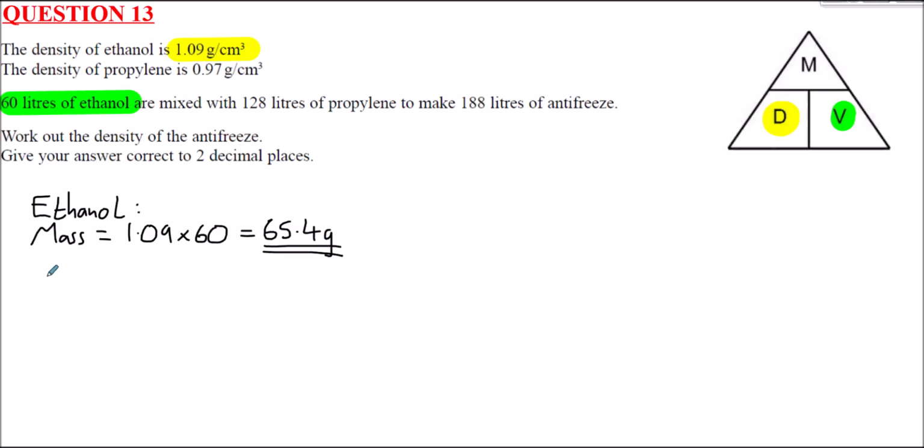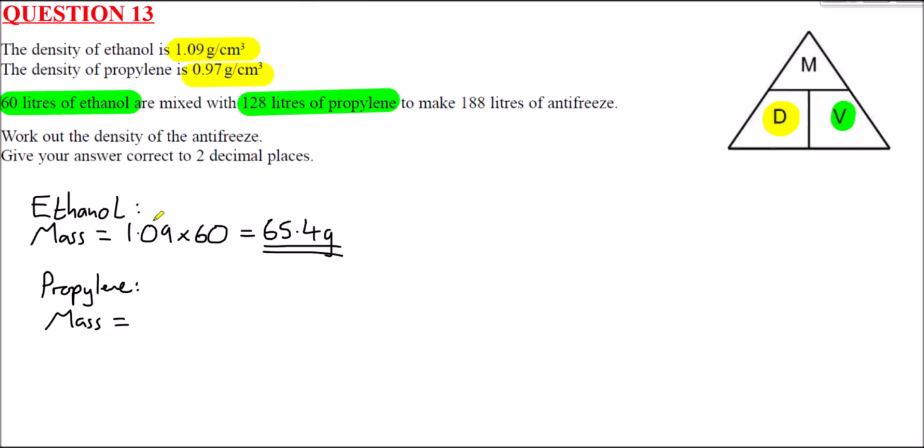We can then do the same for the propylene. So for propylene, the mass of propylene is once again the density of the propylene. Density of propylene is 0.97 grams per cubic centimetre, and the volume of it is 128 litres.